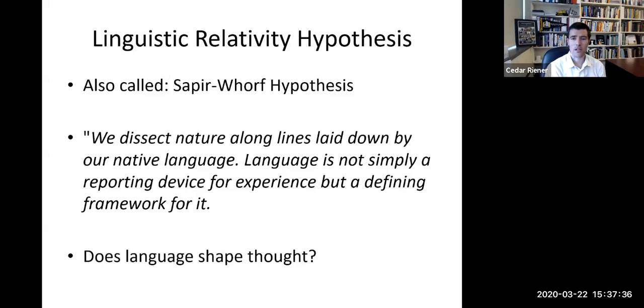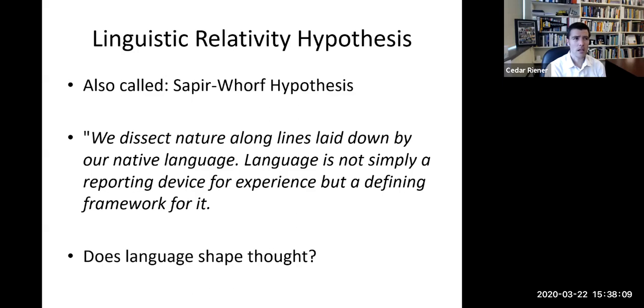So if you have a lot of words for blue and green, you might draw that boundary as to what is green and what is blue at a slightly different spot. So if I showed you a blue swatch versus a green one, you might call something blue or green in a slightly different place than a language that had a different set of words for those colors. But those effects are very subtle.